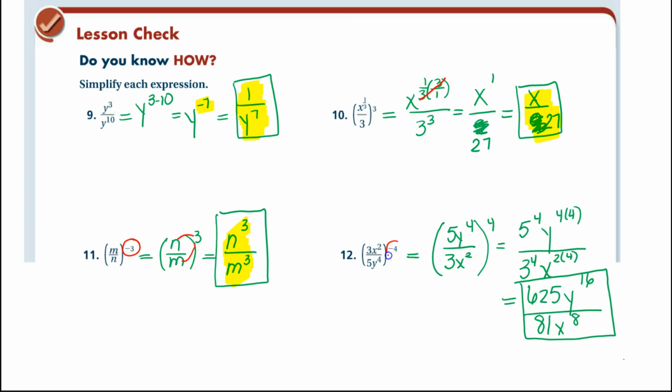Number 12, -4 outside, so I'm going to invert the fraction. So I have 5y to the 4th over 3x squared, all to the 4th power. Then distribute the 4 to all the terms inside.